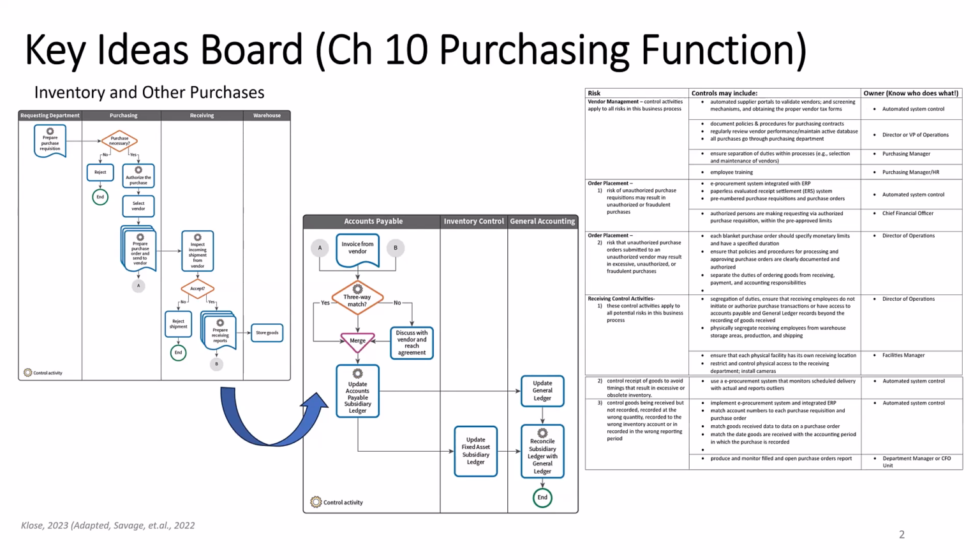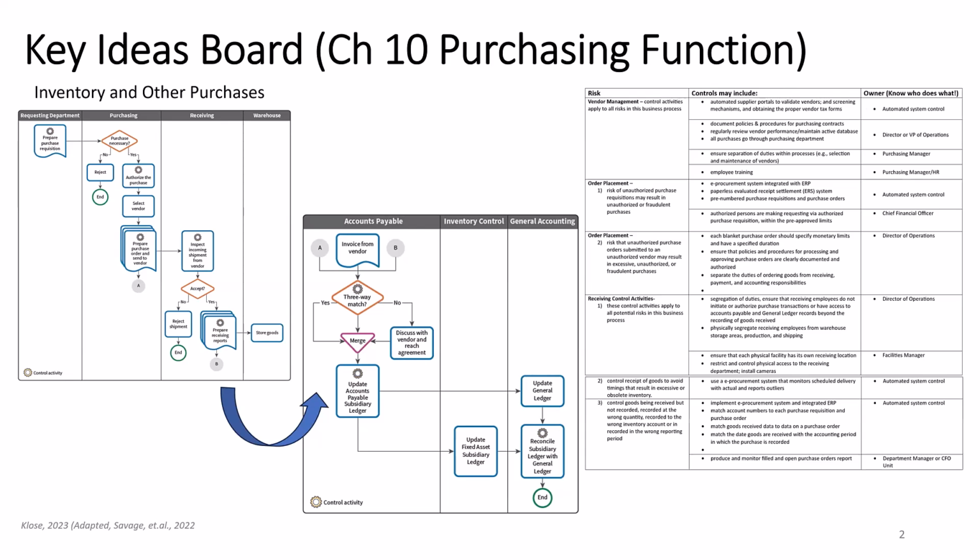What processes do we have to control? And what are the risks associated with this process? And who owns this risk, right? Who owns the risk is the party responsible for helping us prevent and resolve instances around risk or fraud.